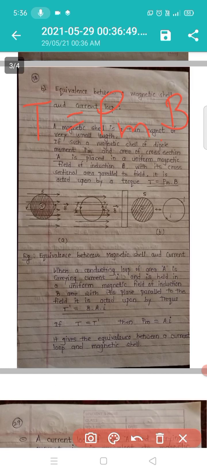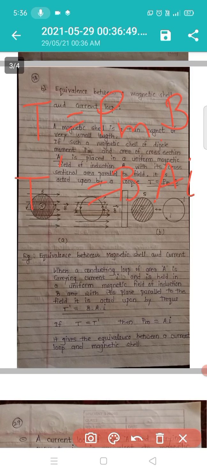When a conducting loop of area A carrying current I is held in a uniform magnetic field of induction B with its plane parallel to the field, it is acted upon by a torque T dash equal to B into A into I. I is the current, A is the area of cross section, B is the magnetic induction.